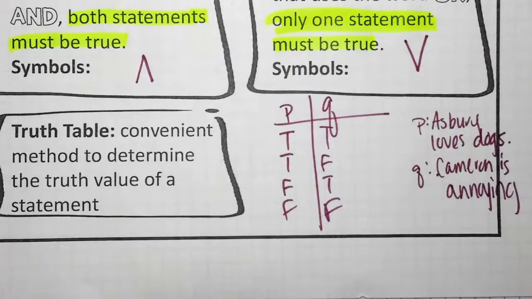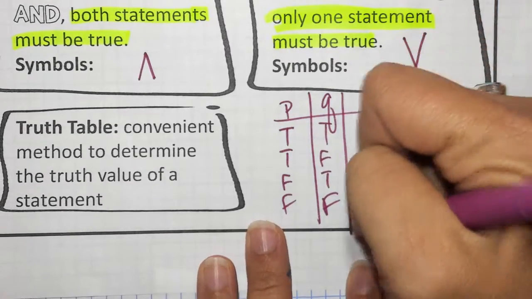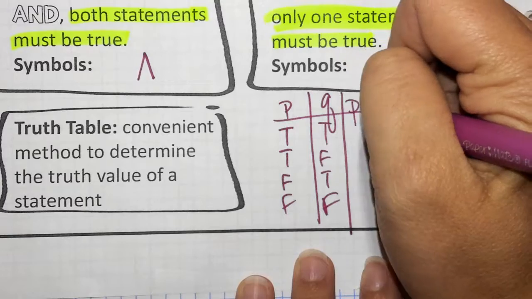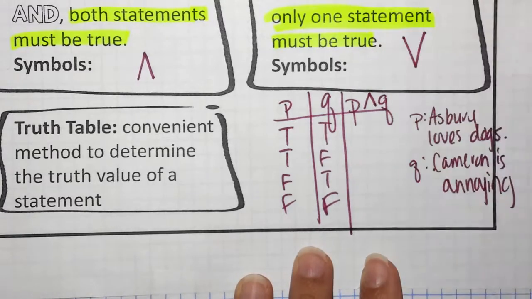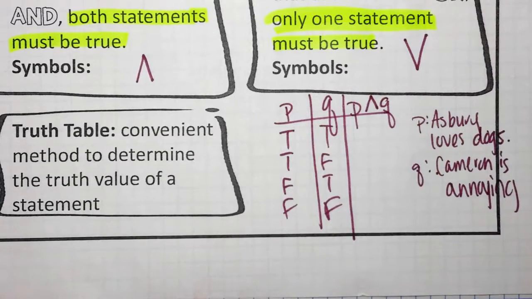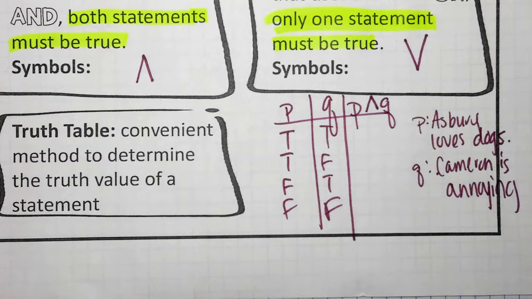Okay, so those are our two statements. And I want you to give me the truth value of P and Q.